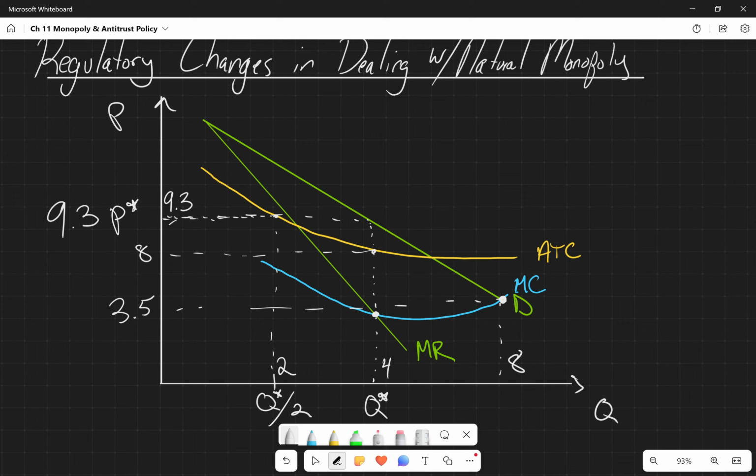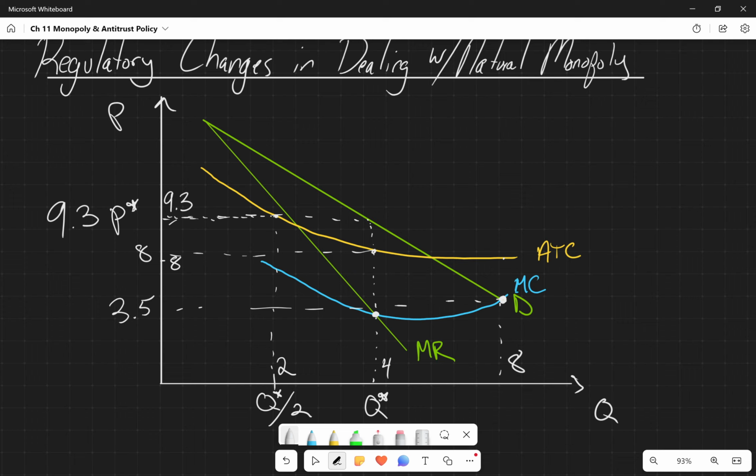But what happens when we produce at this point? Are we making a profit or are we making a loss? Pretty big loss, right? We have to go up to our average total cost here. So we have an average total cost of, looks like, a little less than 8. Let's just say it's 8 just for the sake of it. So we have an average total cost of 8, but we're getting $3.50. So we're losing $4.50 for every single thing that we're selling.